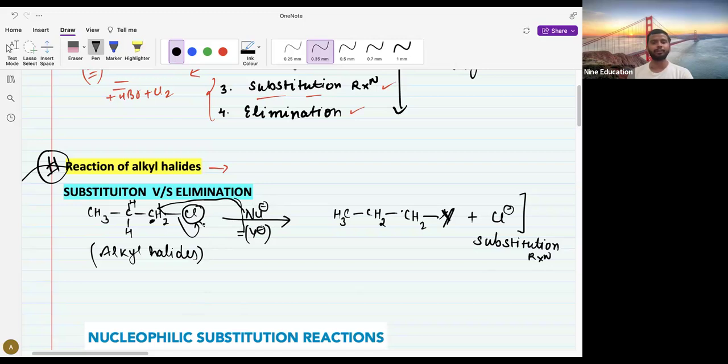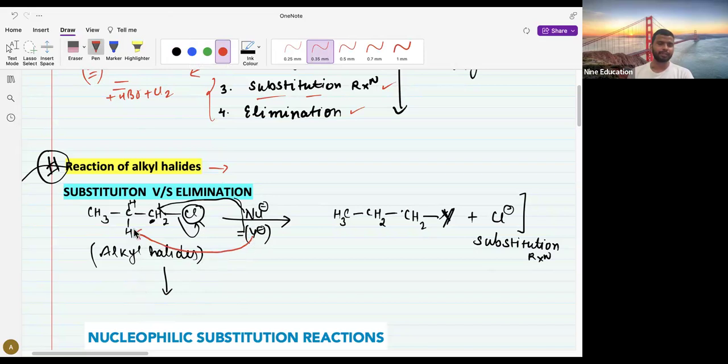A strong one will always remove the weak ones. Strong nucleophiles will remove the weak nucleophiles. The other thing Y negative can do: it can go and attack this hydrogen.